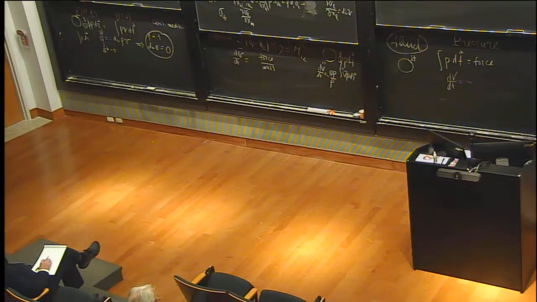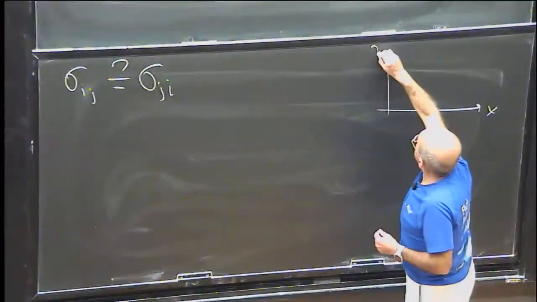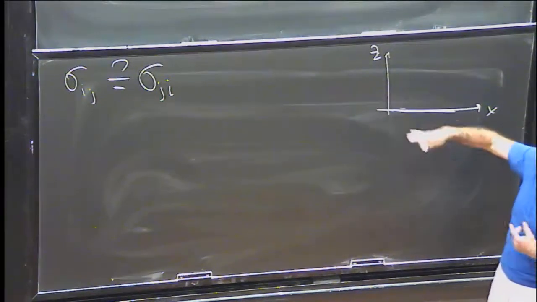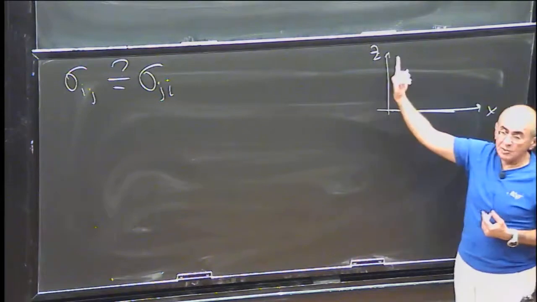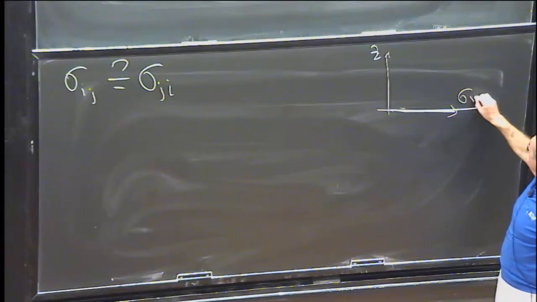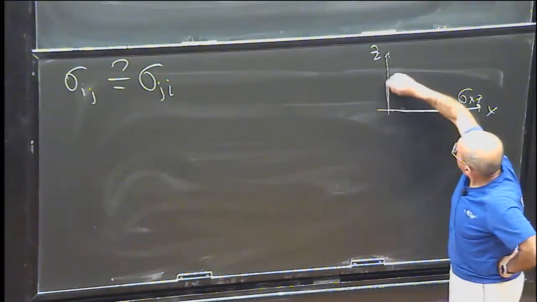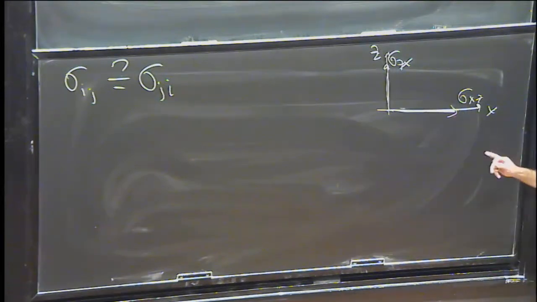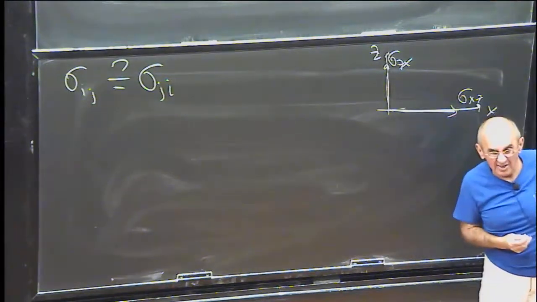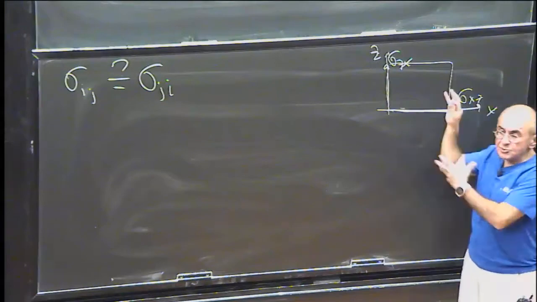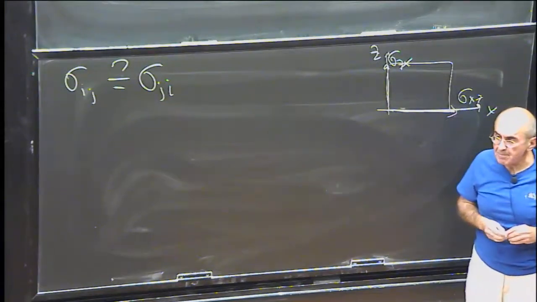So consider an element x, z. So we have here an area with a normal looking to z, and what acts on it, what flows, is sigma xz. The same here is sigma zx, right? What would be the meaning of it being symmetric? That locally, when I consider this element, they do not rotate it. Okay?